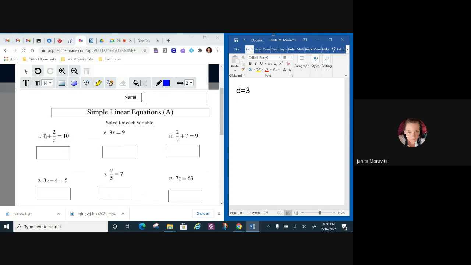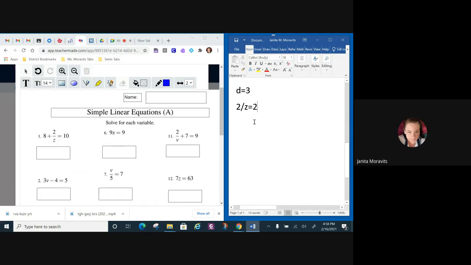So 8 minus 8 would leave us with a 0 over there, plus 2 over z. So we would have 2 over z. And then we took away 8 over here, so we're going to have to take away 8 over here. So 10 minus 8 equals 2.